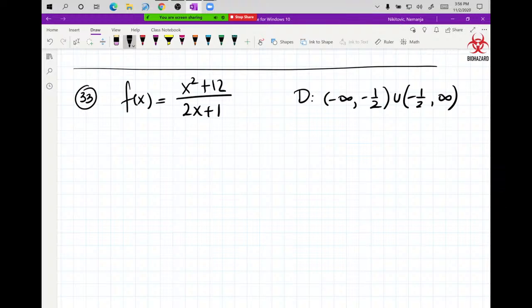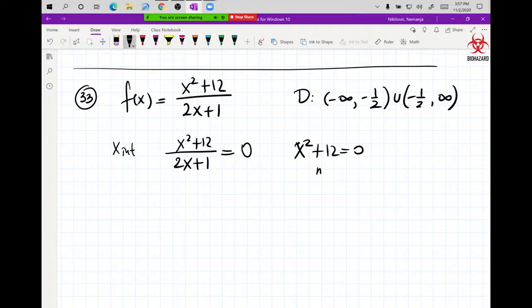And then we have our x and y intercepts. So (x squared plus 12) divided by (2x plus 1) equals 0. And when you cross multiply, you get x squared plus 12 equals 0, and that has no real solution, which means no x-intercept.